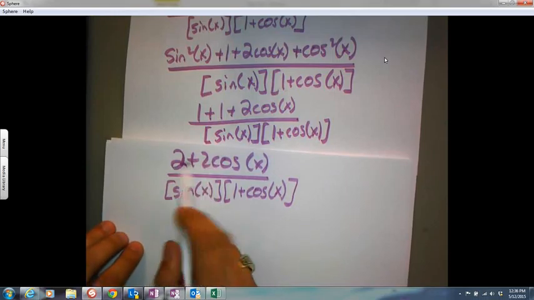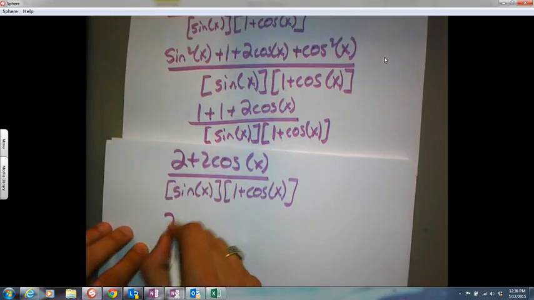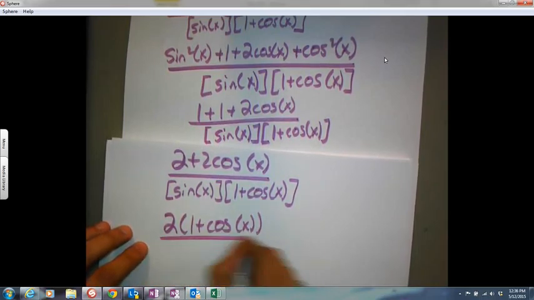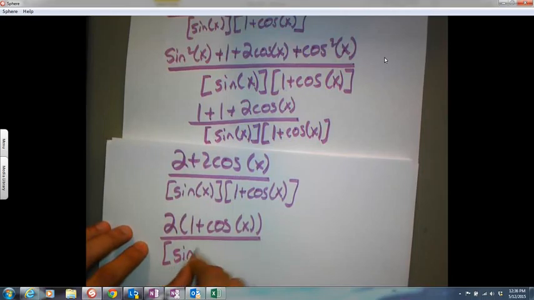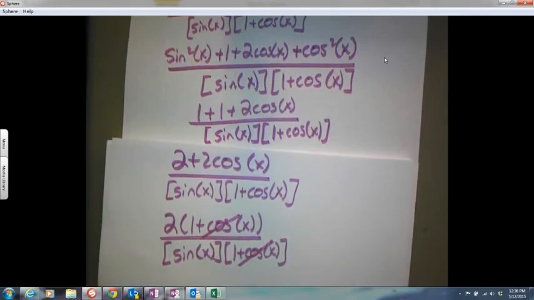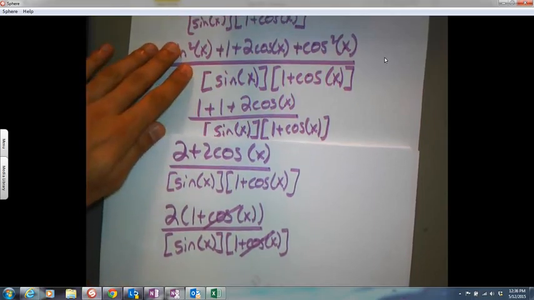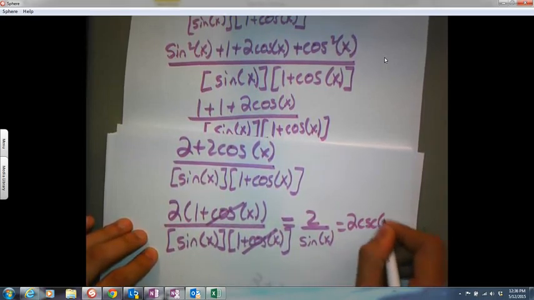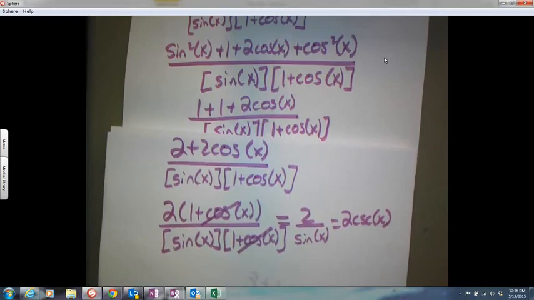You can factor that out. And now life is good. That's why you're patient the whole time. Remember, sine is downstairs. You can bring it up and make it cosine.